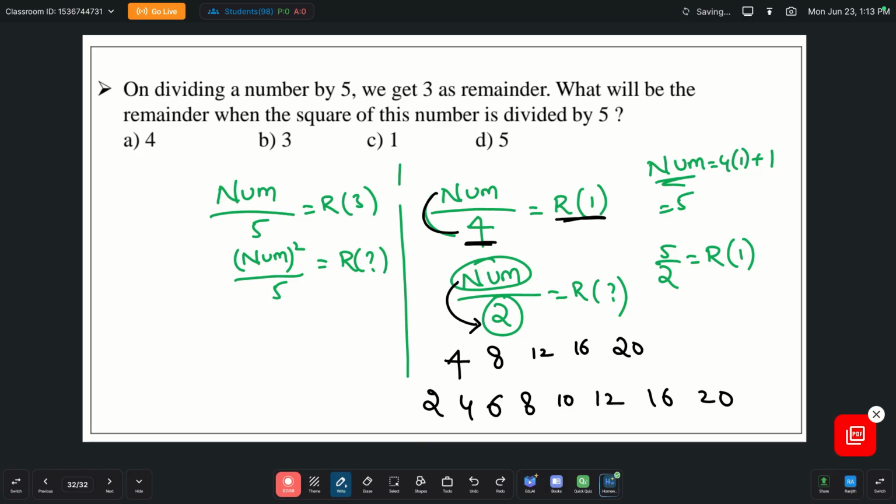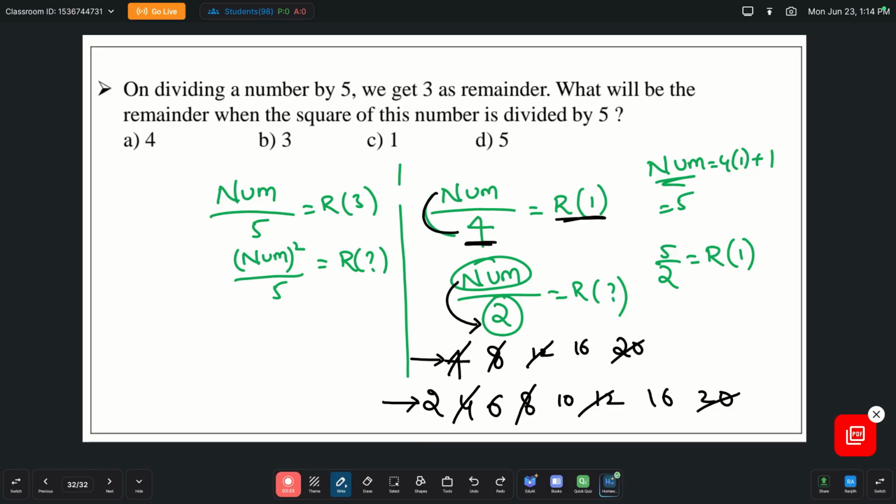In the sense, whatever the multiples of 4, we get the same multiples in the 2 table also. In the 4 table we get 4, in the 2 table also 4. 8 here, 8 here, 12 and 12, 20 and 20. So whatever number is divided by 4, the same number has to be divided by 2.